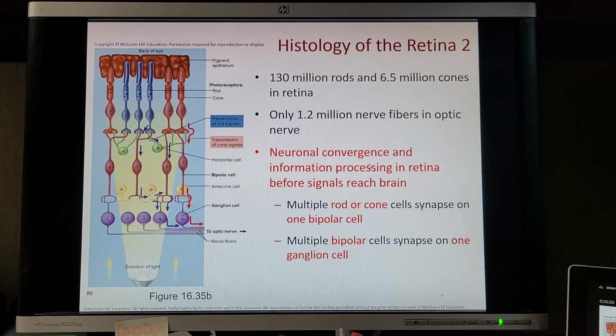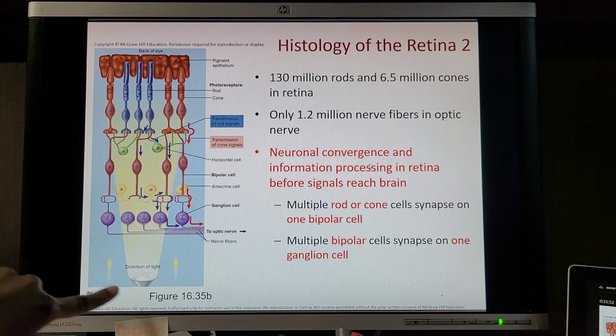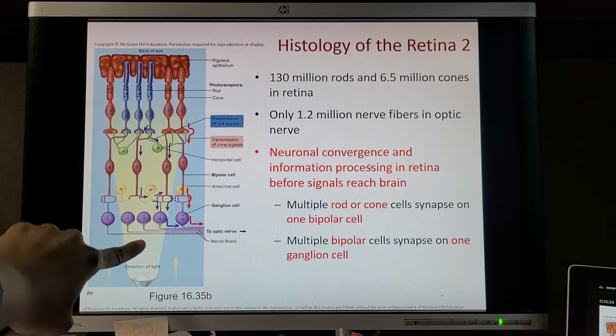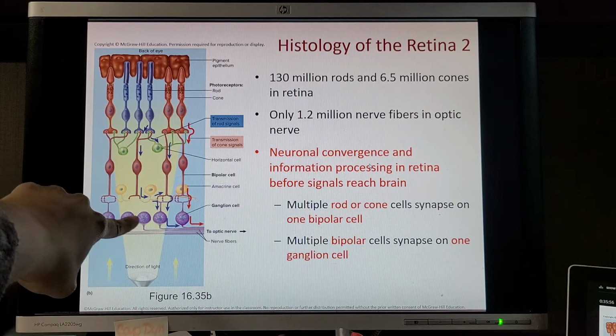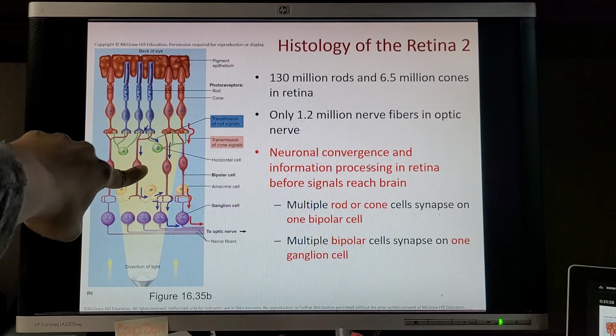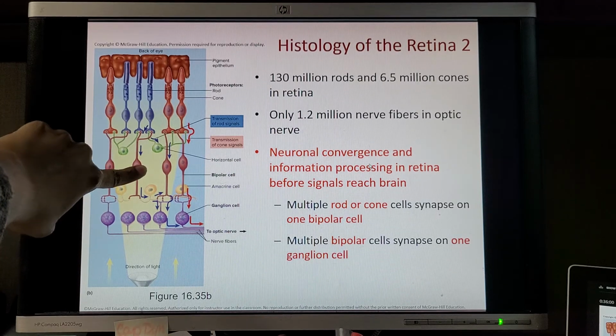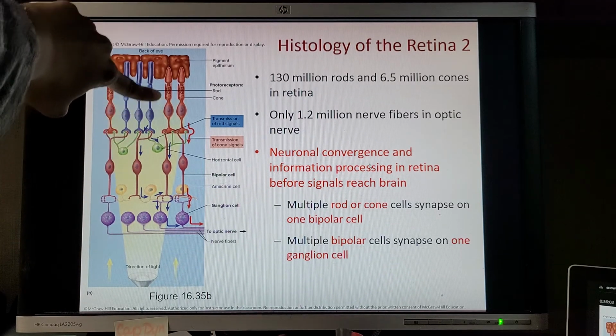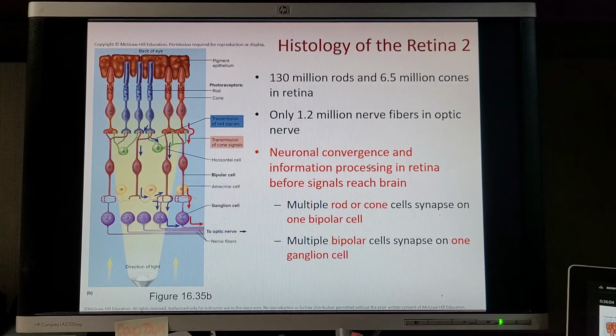Okay, so how does this work? Same ordering that we just saw. Light is going to pass by the ganglion cells because they don't detect light, so they don't care. It passes by the bipolar cells, which again don't detect light. It goes all the way to the back where the pigment epithelium is, and that's where we also have our rod and cone cells, and that's where we actually get our light detection.